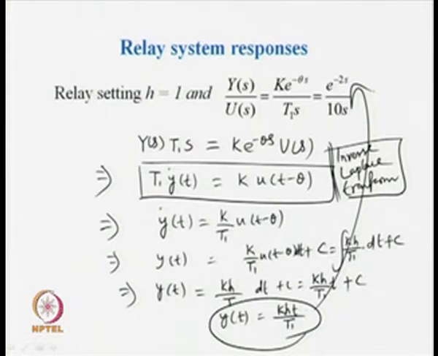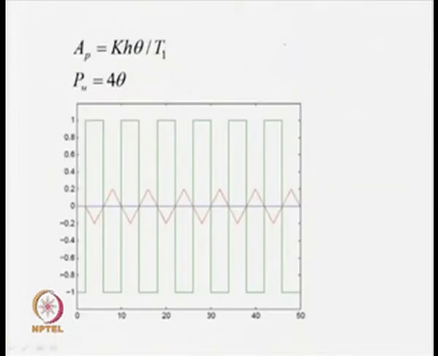Now, we have some specific values to see what sort of output waveform we will get from this system. Let me write down this once again: y(t) equal to K h t upon T1. So, when we have the positive input h, what should we get?